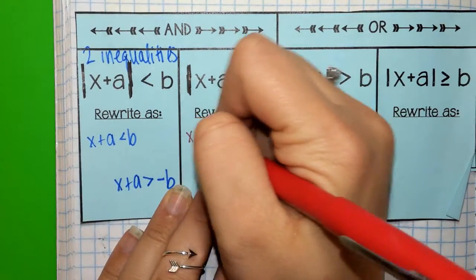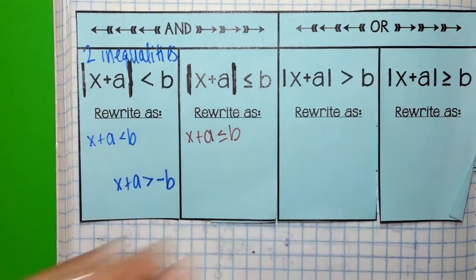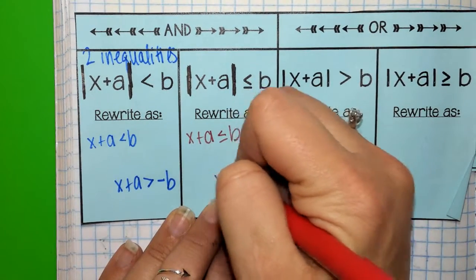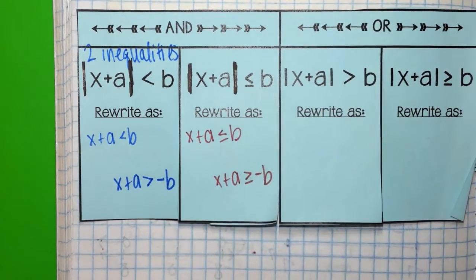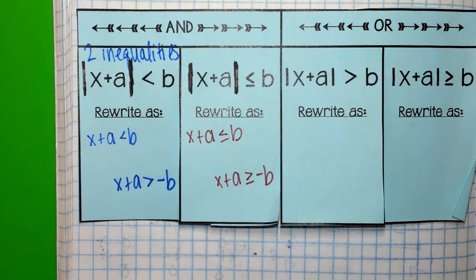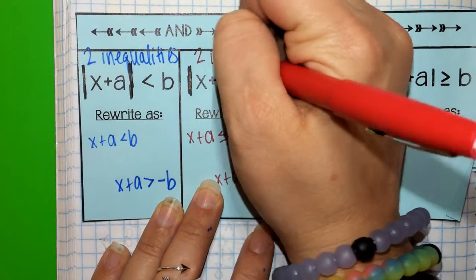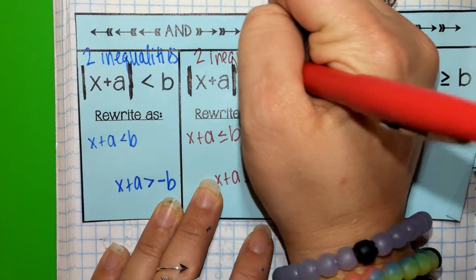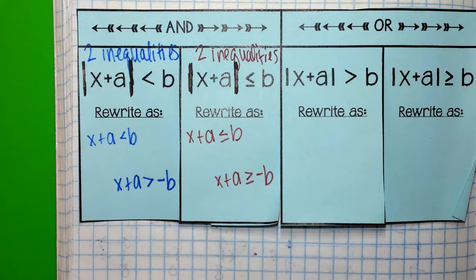X plus A is less than or equal to B. Fantastic. X plus A is greater than or equal to negative B. Fantastic. So you still need two inequalities. Good job. A positive side and a negative side, every single time. How many inequalities do you have to have? Every single time.